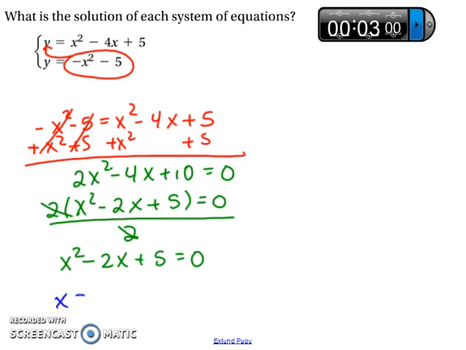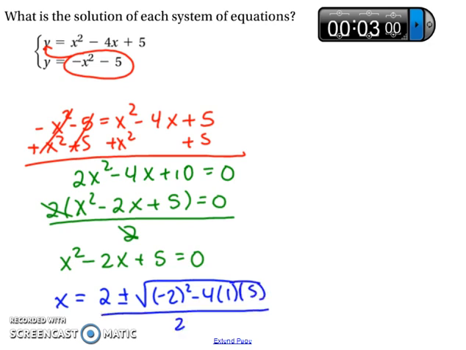So we're going to say x equals negative b, which is 2, plus or minus the square root of negative 2 squared minus 4 times 1 times 5, all over 2 times 1. So we get 2 plus or minus the square root of 4 minus 20 over 2.